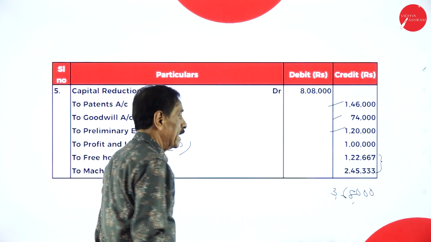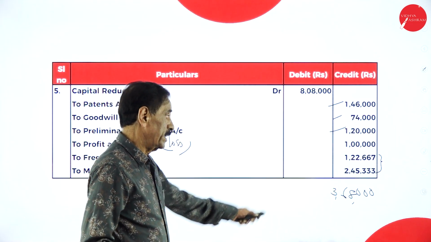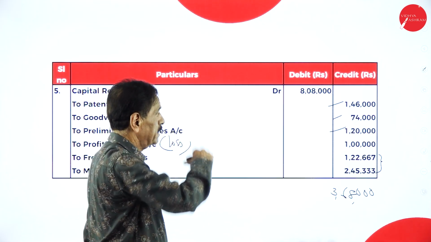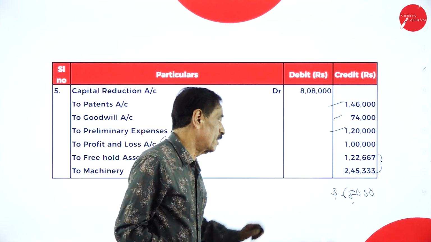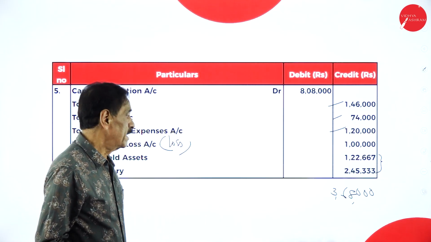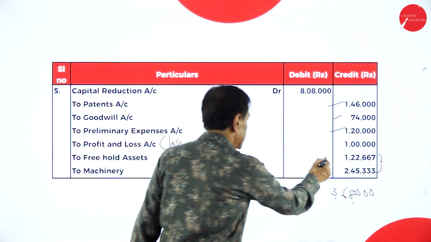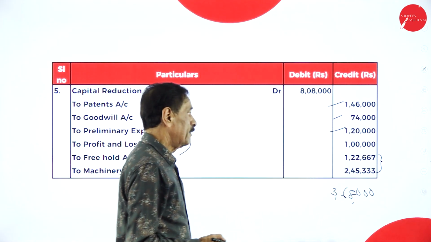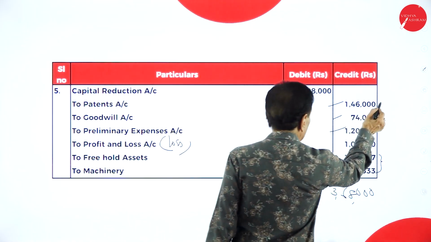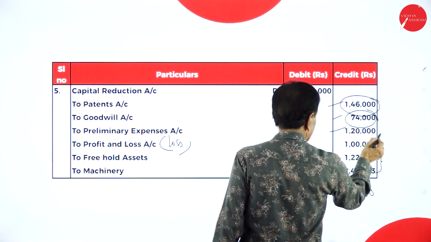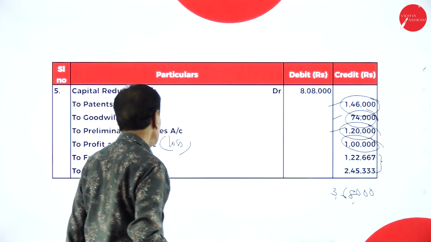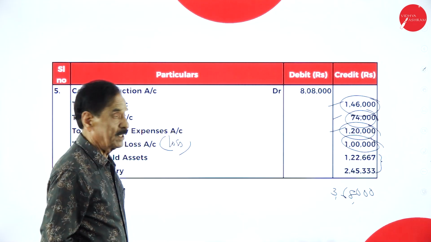They will get 1,22,667. Another will get 2,45,000. Same thing as the last problem, the ratio has been taken. So freehold gets how much? 1,22,667. Another one 2,40,000. Out of that, this has been utilized. Whatever the balance will be distributed among freehold asset and the machinery.